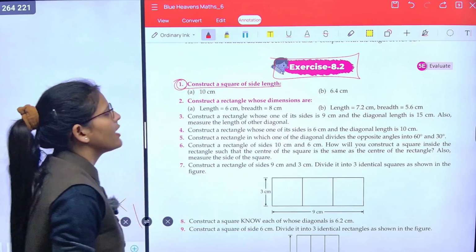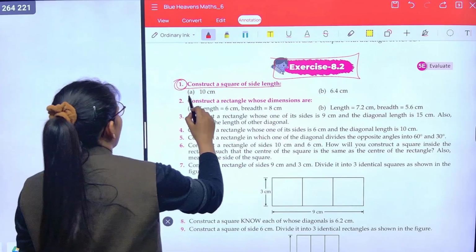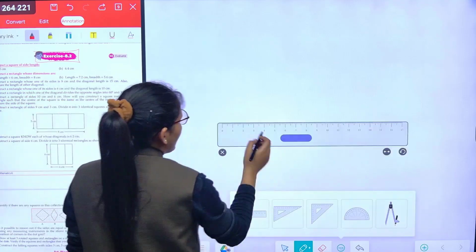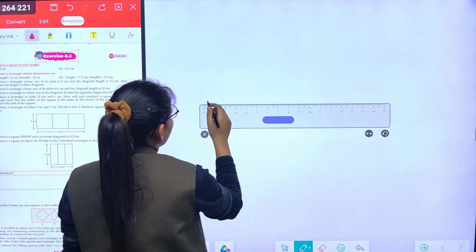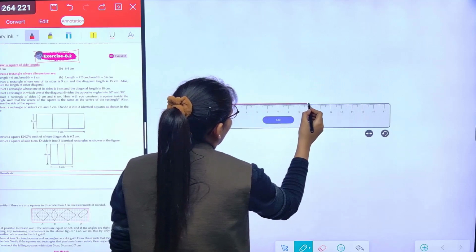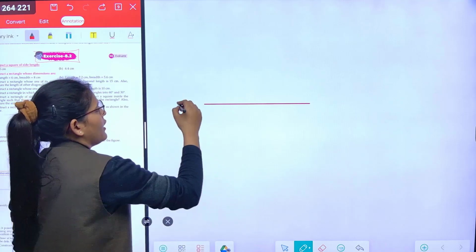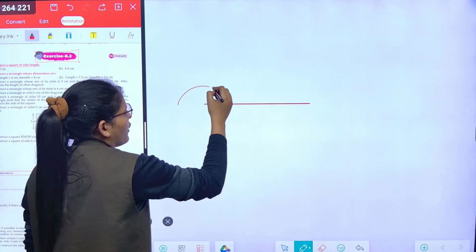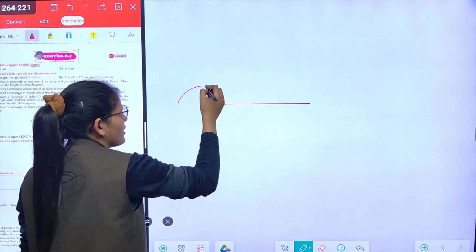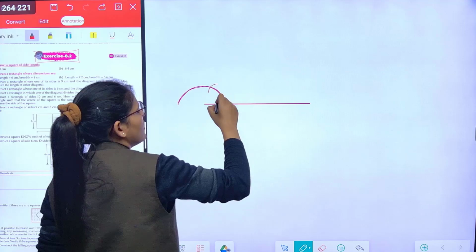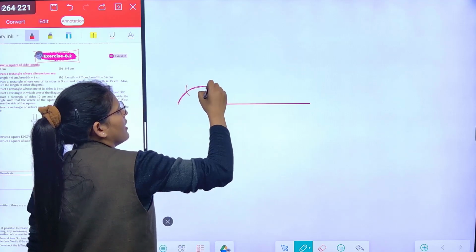Construct a square of side length 10 centimeter. Yes class, take a ruler and draw a line segment that is 10 centimeter. Okay. Now class, you can draw an arc with any measurement, and from here mark here and here mark here.